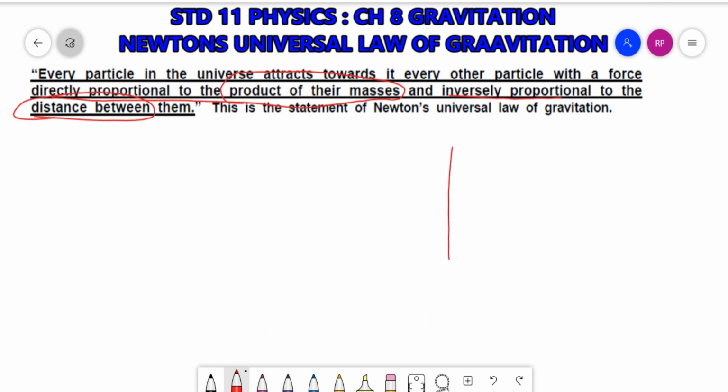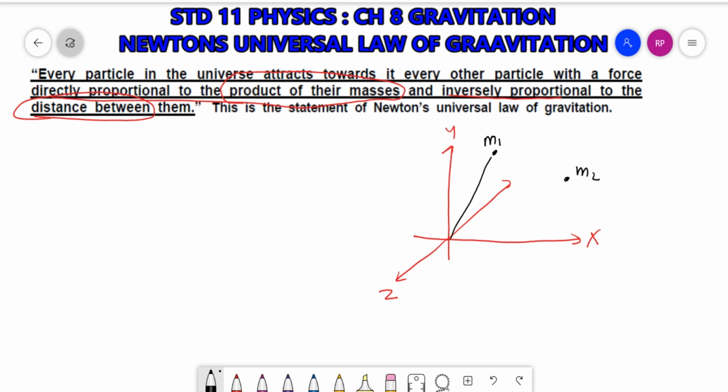Now let this be the x-axis, y-axis, and z-axis. Let's take two particles having masses m1 and m2, with position vectors r1 and r2.